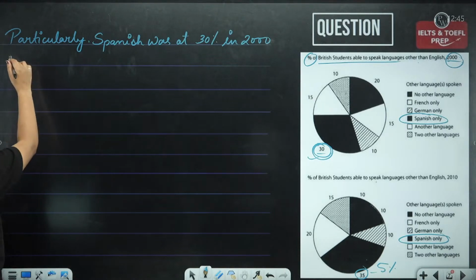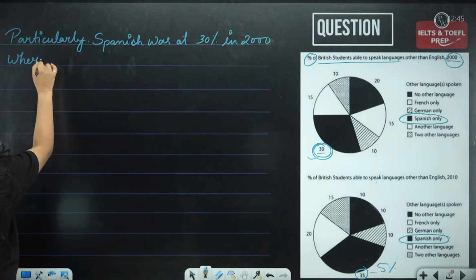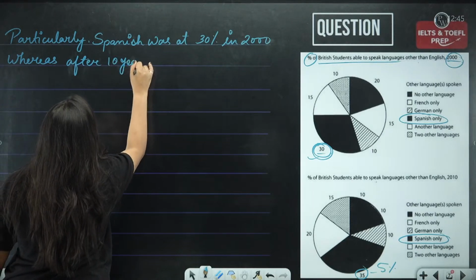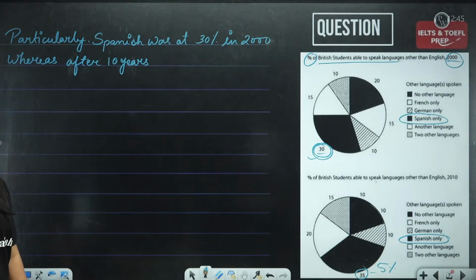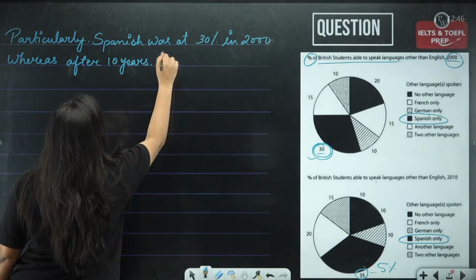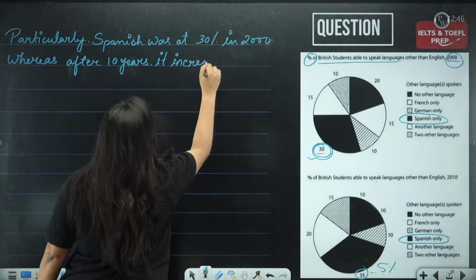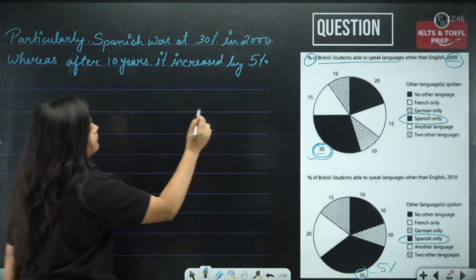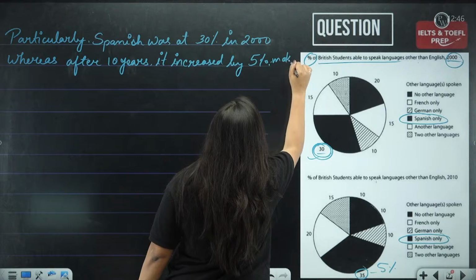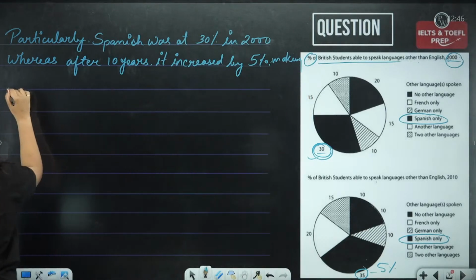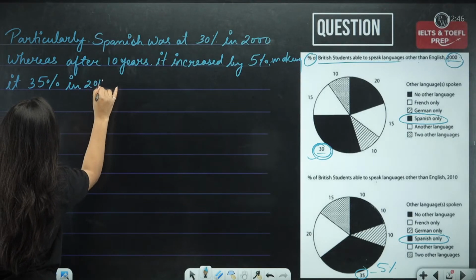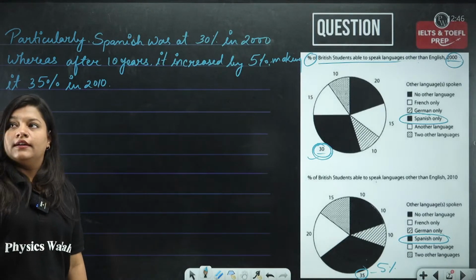ठीक है। Now अब यहां पे आएंगे ट्रांजिशन लेके। Whereas after 10 years, how you are going to show the transition? ठीक है, it's really very important to show the transition. फिर उसके बाद क्या लिखना है? क्लियर? इतना क्लियर है? क्या लिखा मैंने?